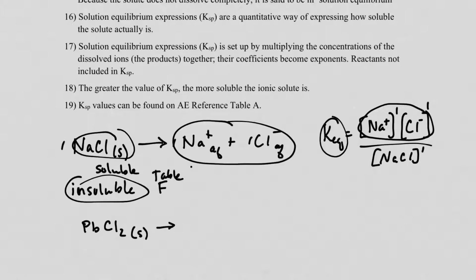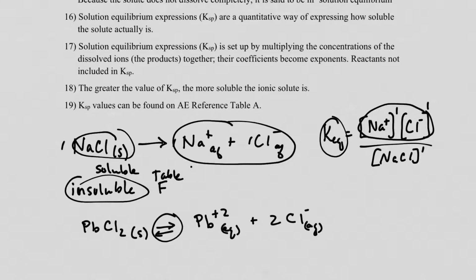But that doesn't really mean that it's not going to dissolve at all. It will dissolve into lead ions, and it will dissolve into 2 chloride ions, but the amounts that they dissolve into are very, very small. So there's going to be plenty of solid lead chloride in the container.